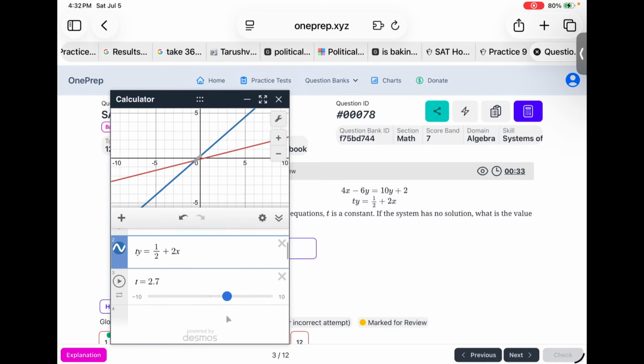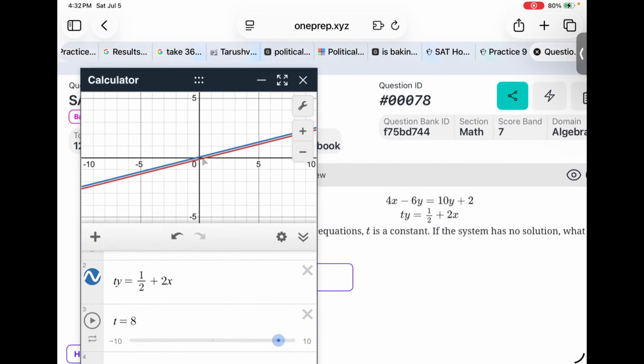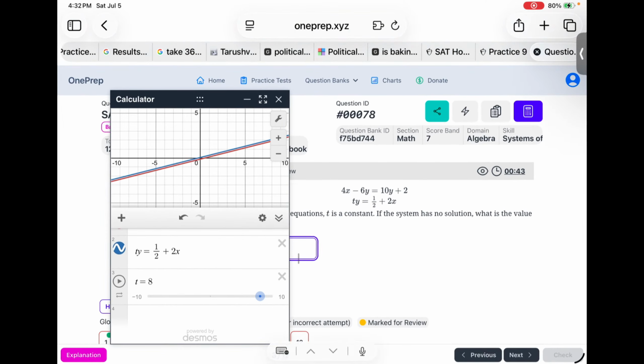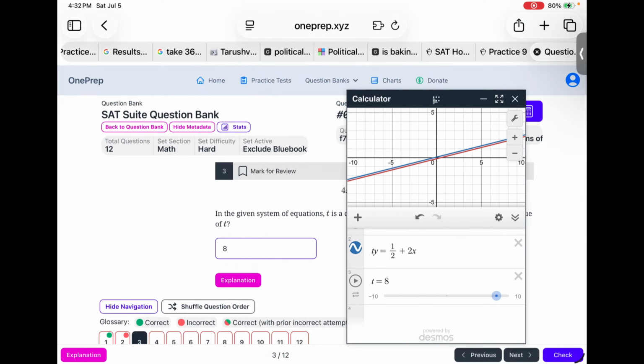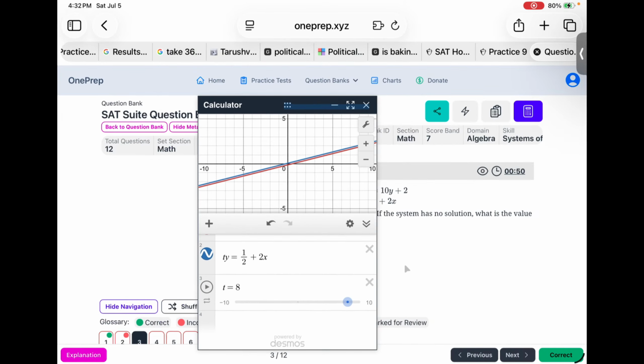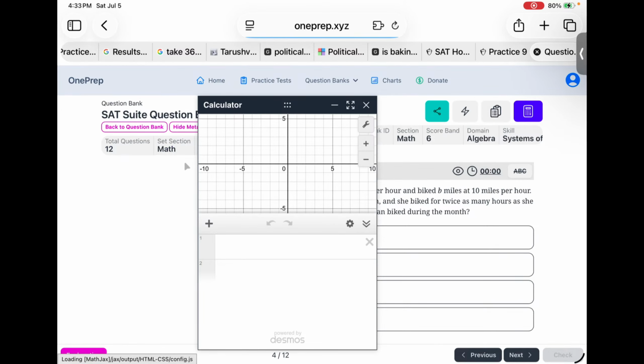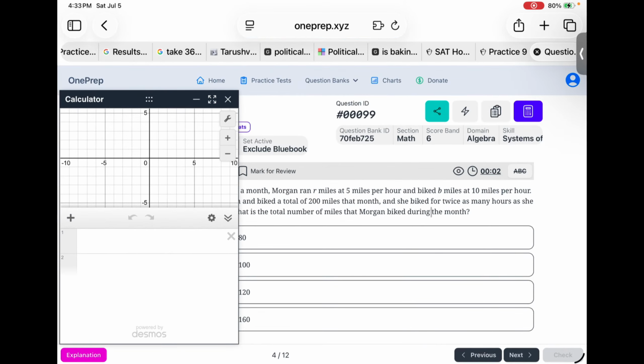And let's see how long this takes as well. So essentially, if we do 8 here, that should be right. Yeah. How long did that take? 49 seconds. Okay, good to know.